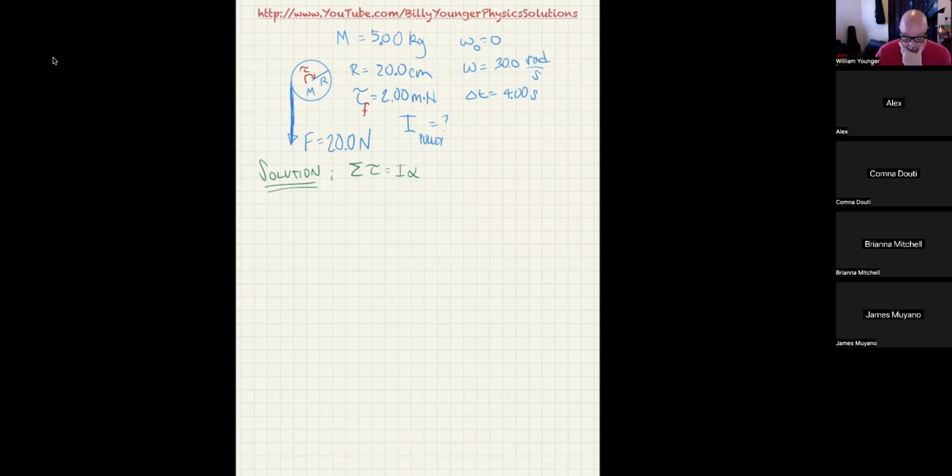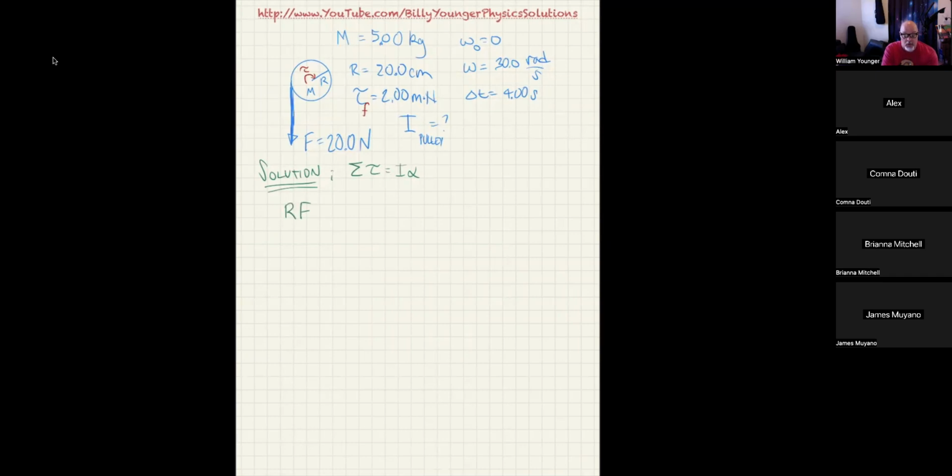So let me go ahead from this quote unquote free body diagram and put that into the equation and start working it out. So I'm going to assume that a rotation in the counterclockwise direction is positive. So I will, in fact, have a torque that is actually positive F times R.